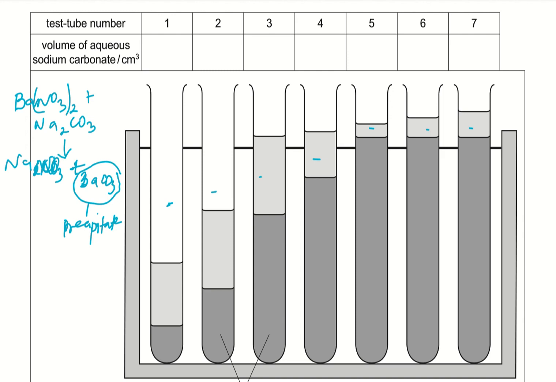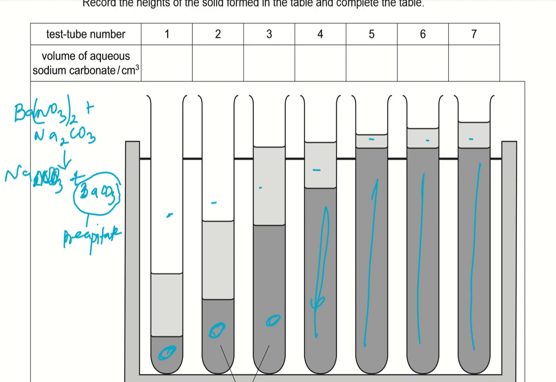So what you need to do now is measure the height of the precipitate formed. You can see this precipitate; you measure its height with a ruler. Okay, so I've got my ruler. But before we measure, let us fill the table because it's very important.